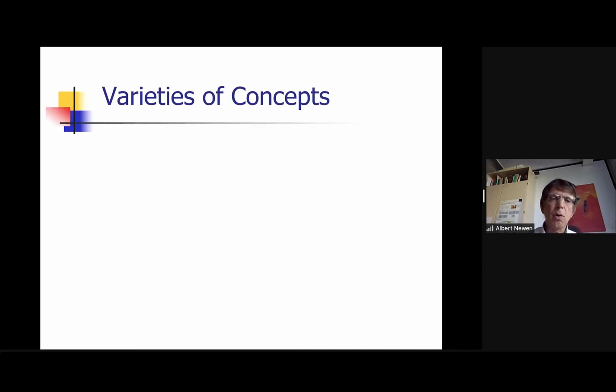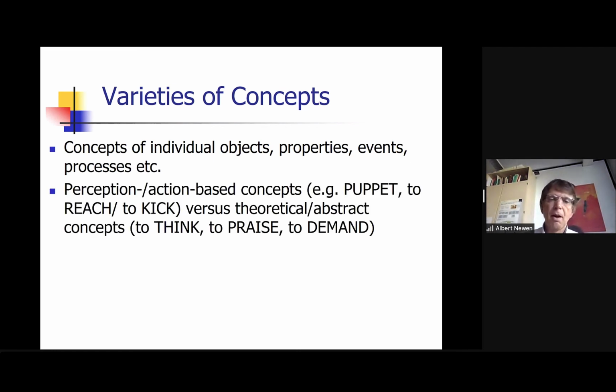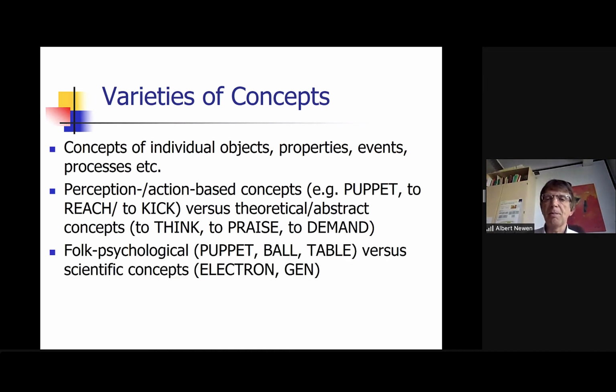Now, in this framework, we can account for varieties of concepts. We can account for concept of individuals, of this very red puppet, of properties, of being an island, of events, of processes, and so on. We can use the framework for characterizing action or perception-based concepts in contrast to theory-based concepts like to think, to praise, or to demand.